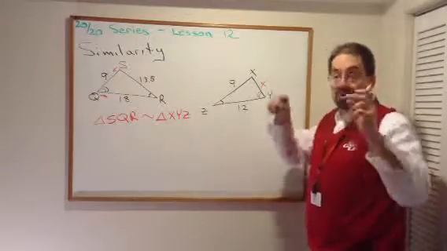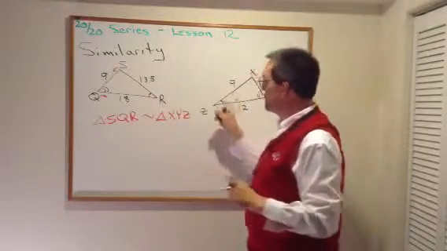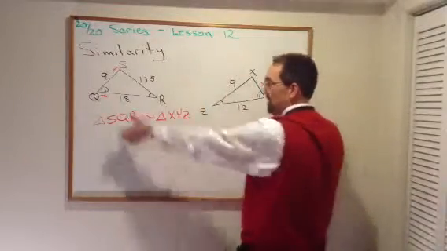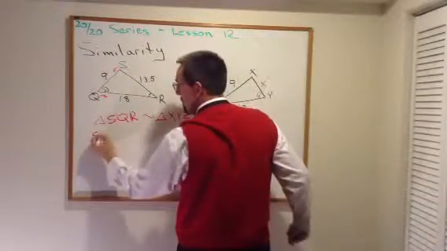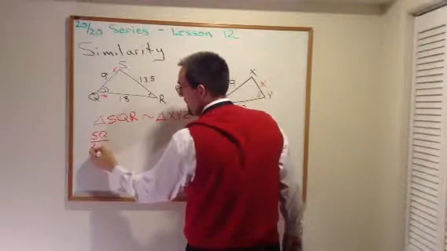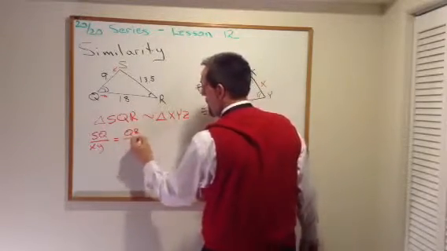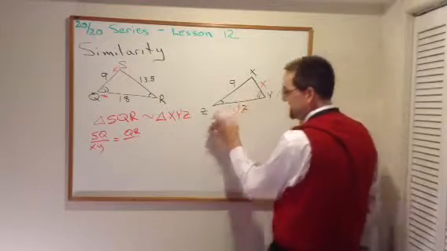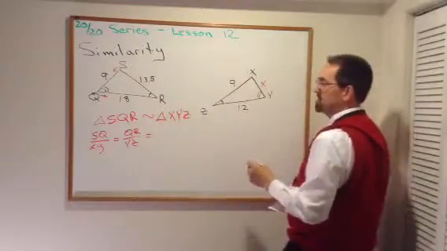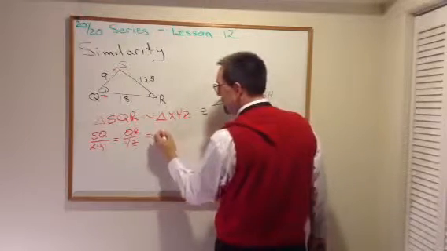Now, to prove or show that they're similar, we have to show that the ratio, the proportions set up with each of these relationships. So, if SQ corresponds to XY, QR corresponds to YZ, which corresponds to SR, ZX.